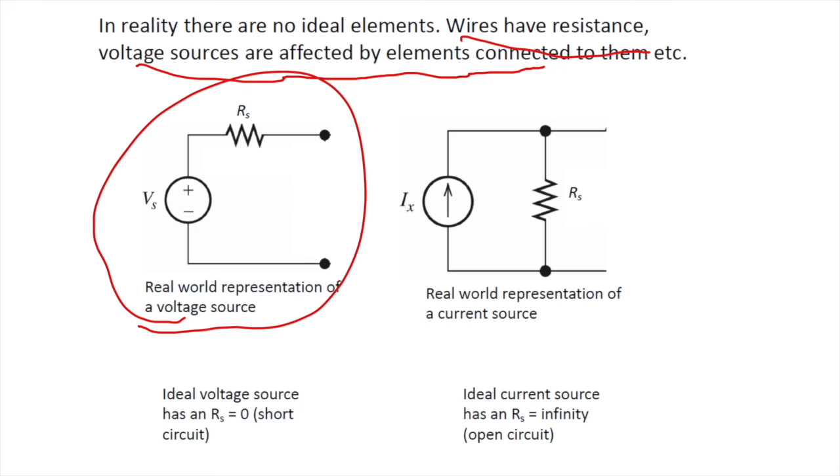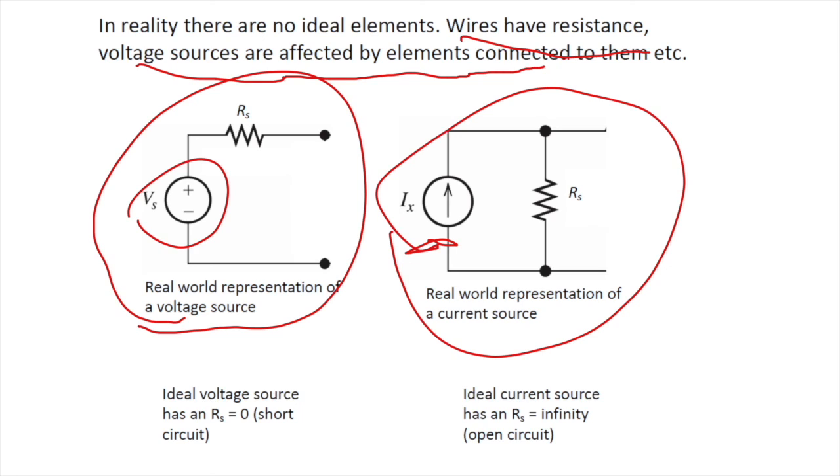It has a resistor in series with the voltage source. For the real-world representation of a current source, we have a resistor in parallel with the current source.